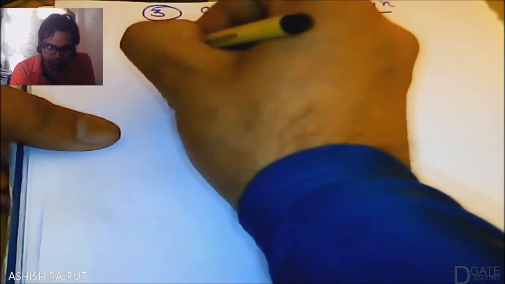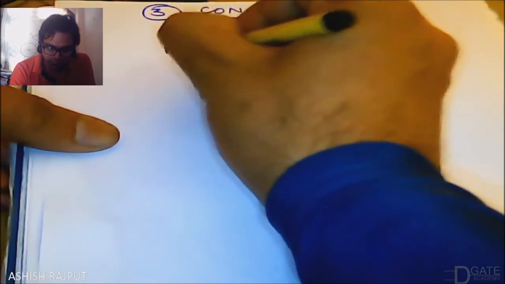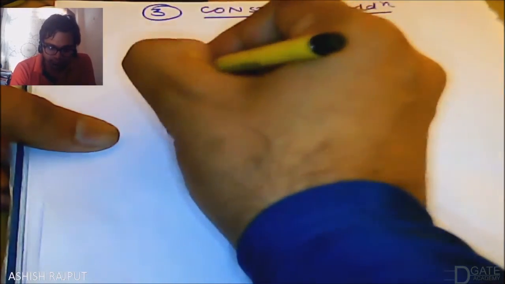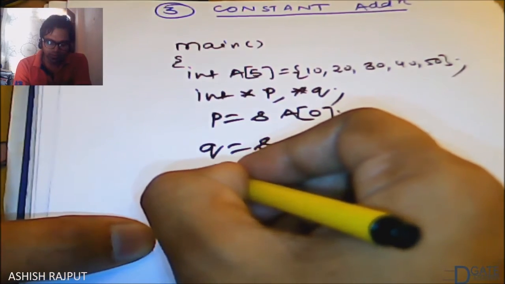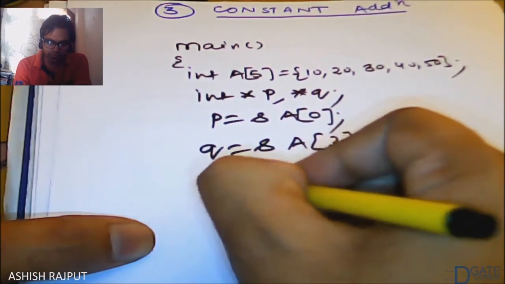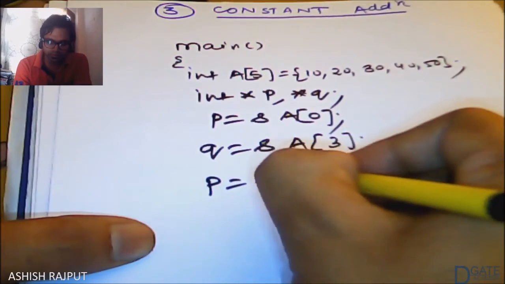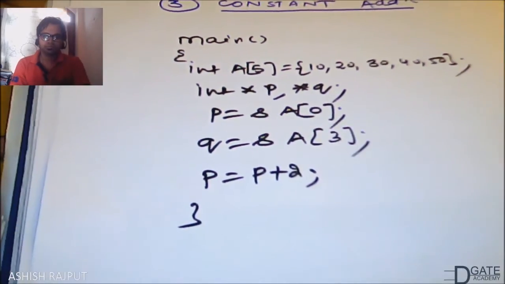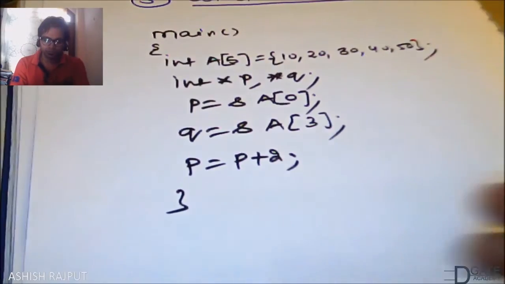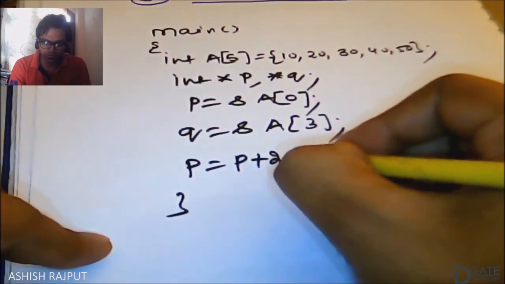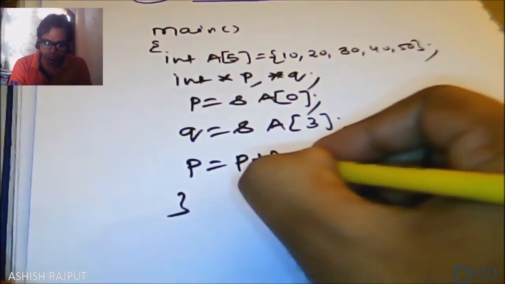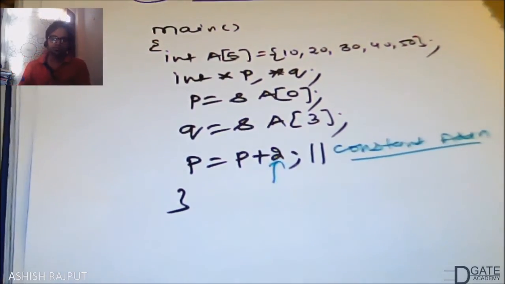Next, the main function, and this is the constant addition. So we will do P = P + 2. This is the example, and this is constant addition, because 2 is a constant.